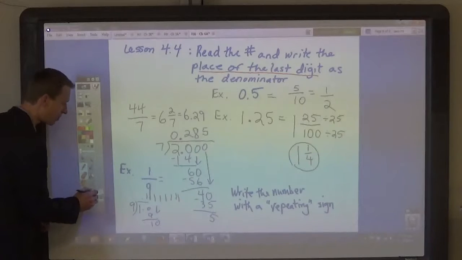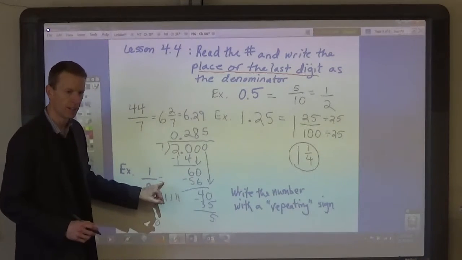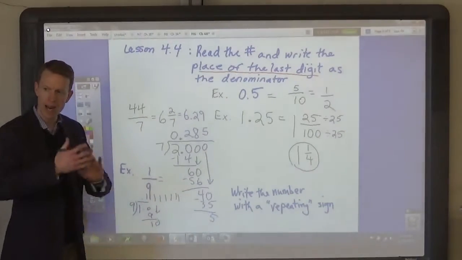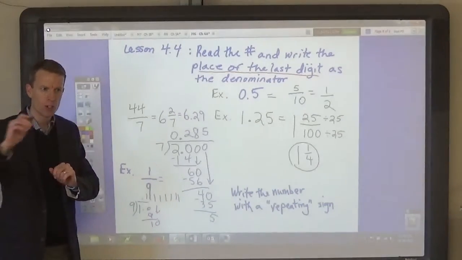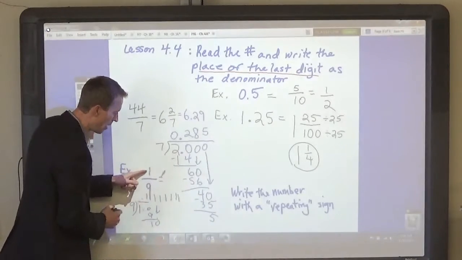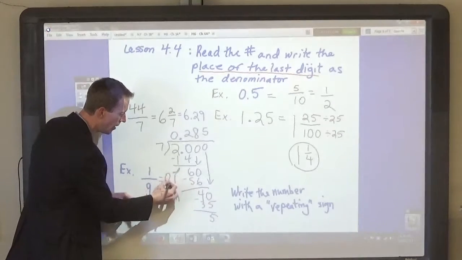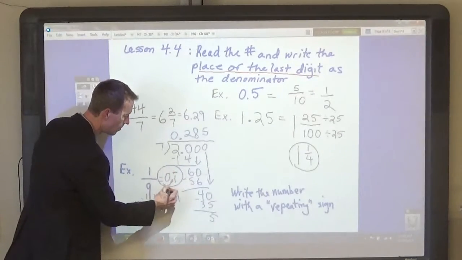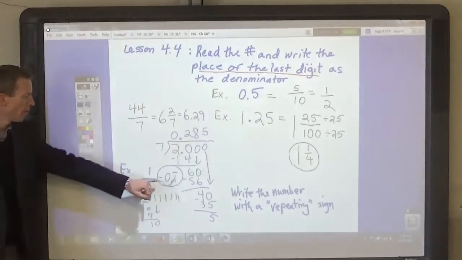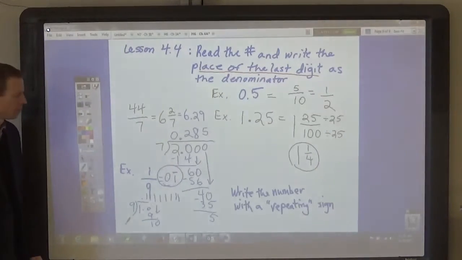Okay. So what we do is we use a repeating sign. When you find a pattern of numbers that repeats, you put a bar over those numbers that repeat. So you would write 1/9 is equal to 0.1 with a bar over the 1.